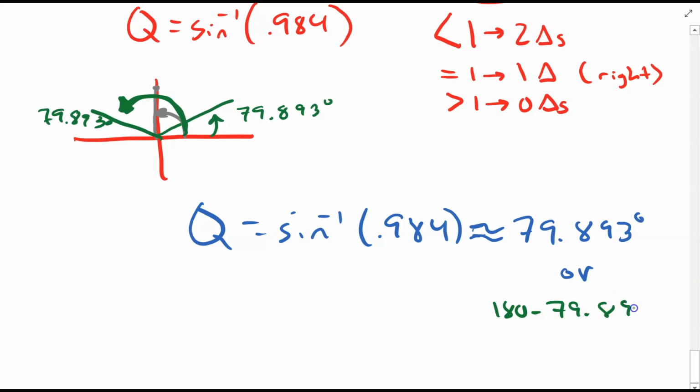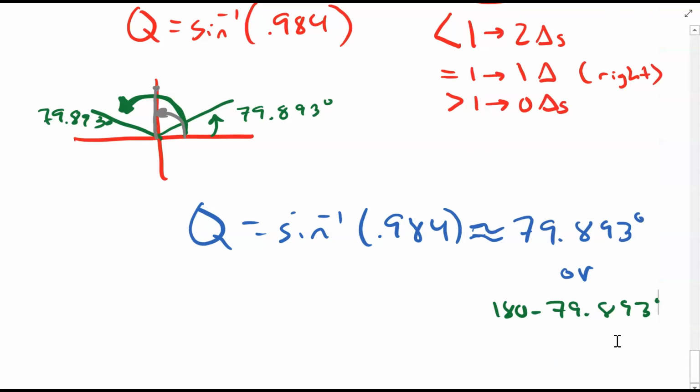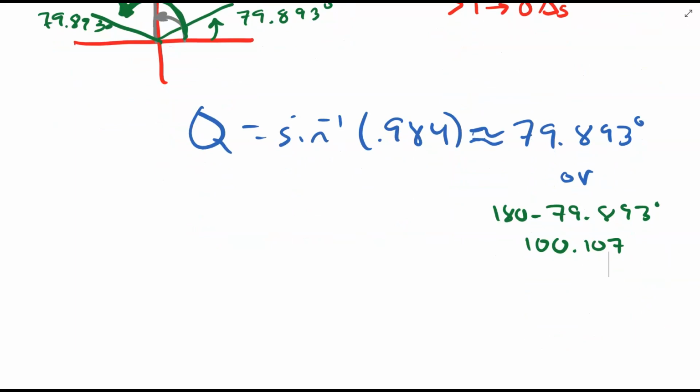Yes, 180 minus that answer. So 100.107. Should I copy that down right? Okay, good. Is everybody okay here? So I have 2 answers for Q, hence 2 triangles.